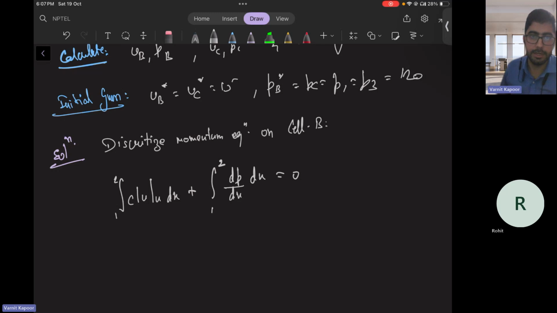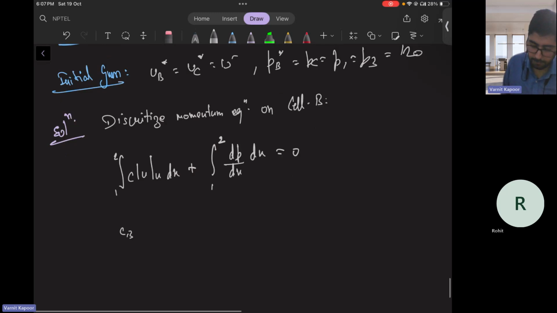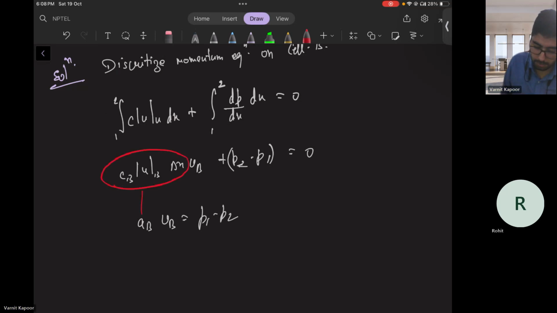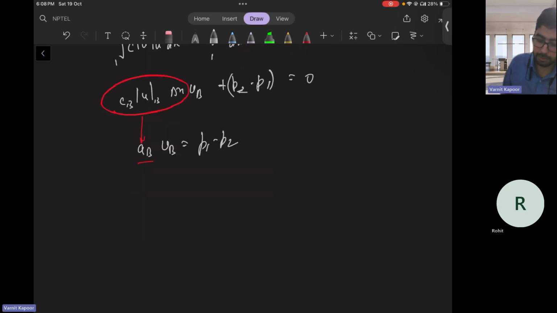And after integration, you will get the equation as C of B mod U B del X U B plus P2 minus P1 equal to 0. So your equation is somewhat like AB UB is equal to P1 minus P2. This is your AB. And you need to underrelax the equation.